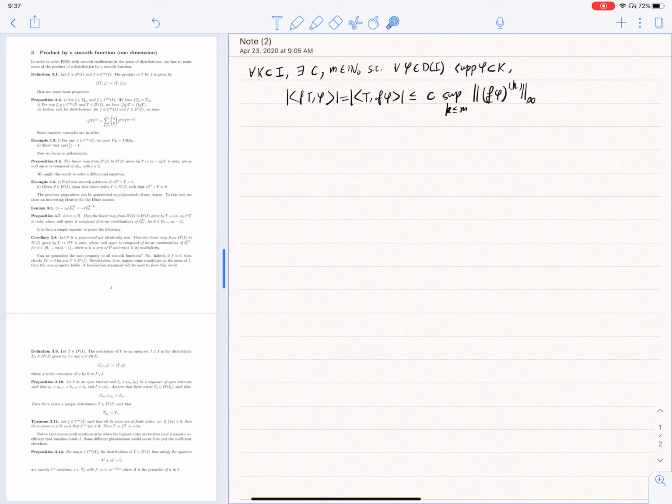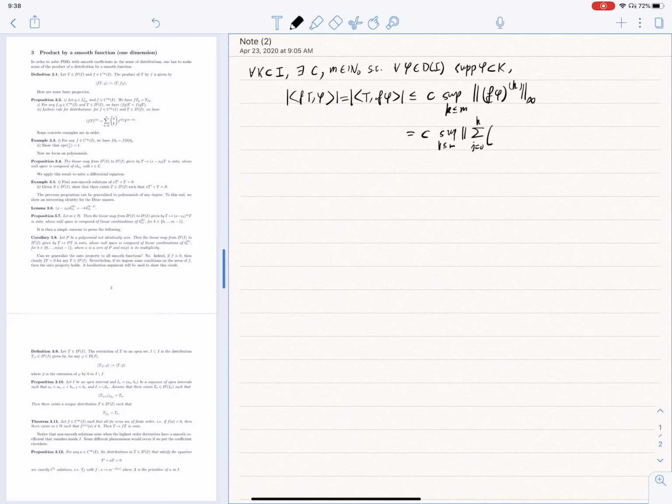And we are going to pull the derivatives of f out of the supremum norm. This can be done by applying the Leibniz rule, a basic formula for the sum over j from 0 to k for the product.